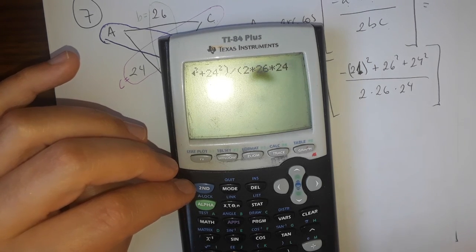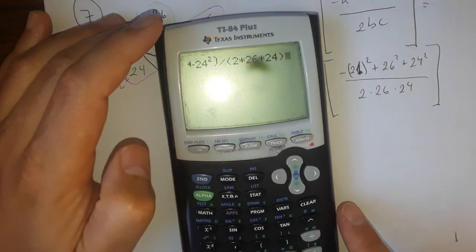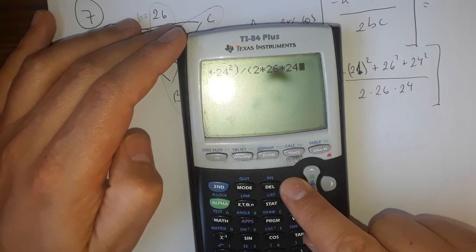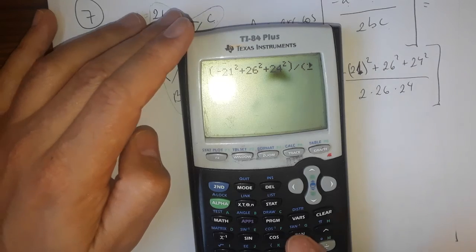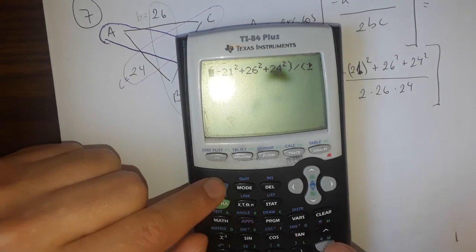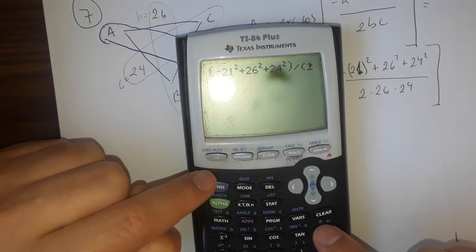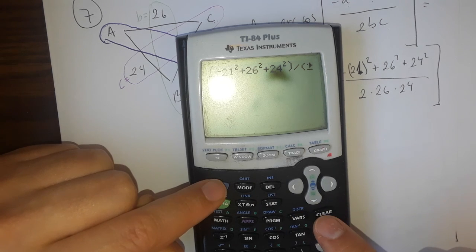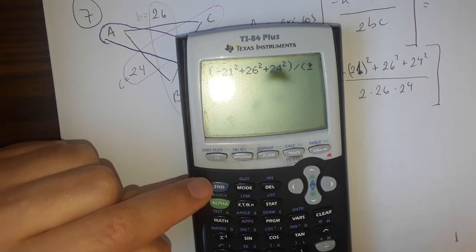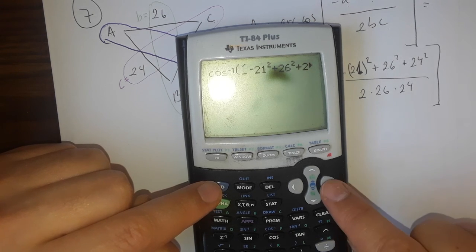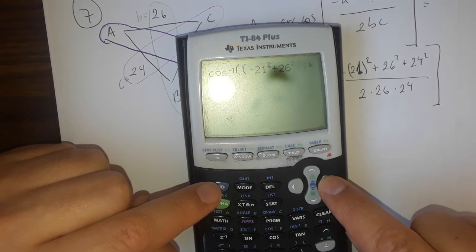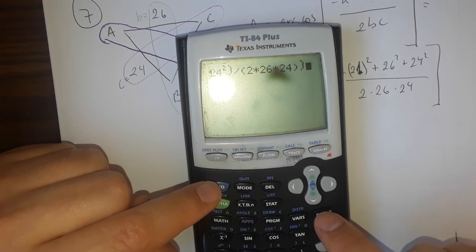You know what? I actually missed the inverse cosine. Oh my God, I actually missed the inverse cosine. So that means I have to go back all the way and write the inverse cosine. It's going to be like this, and it has to go all the way until the end.